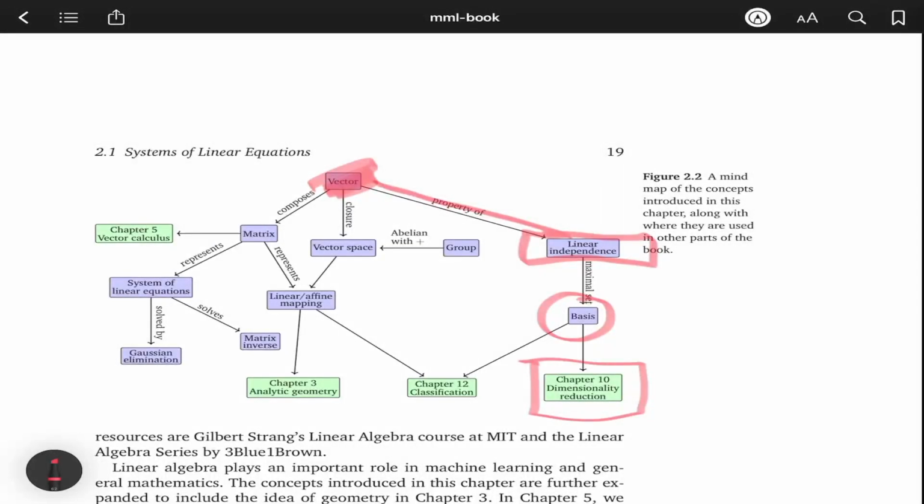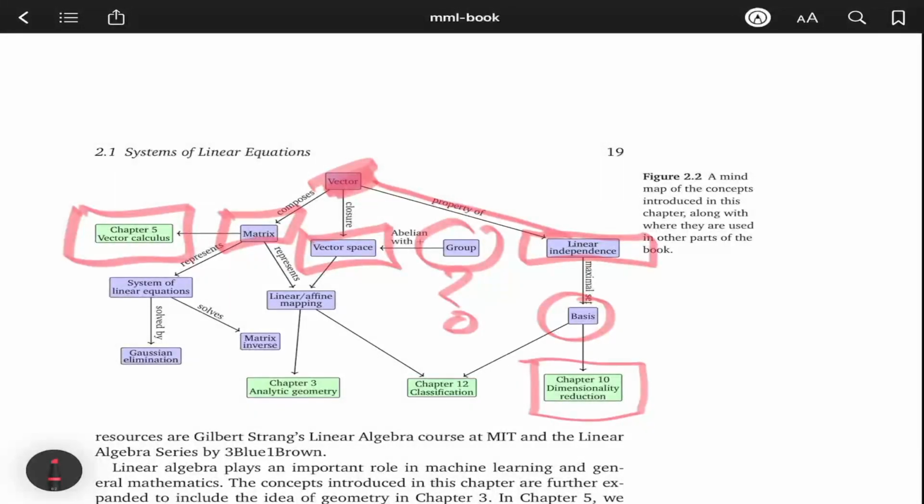On the left side, if we put a bunch of vectors together, then we can do something like a matrix and do calculations with that. The vector itself produces a vector space. I'm not sure what this is. Abelian with plus, question mark, linear affine mapping. And here on the left we have systems. Yes, it makes sense.